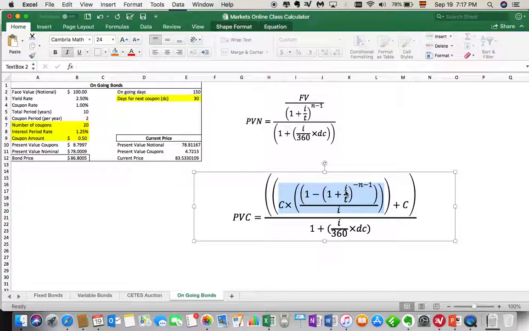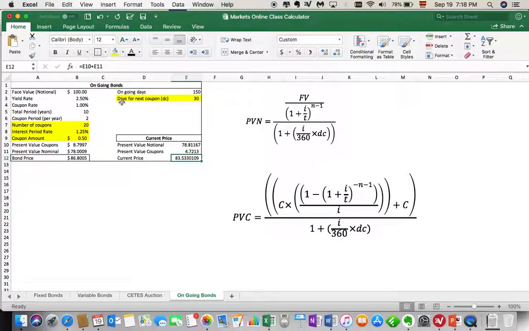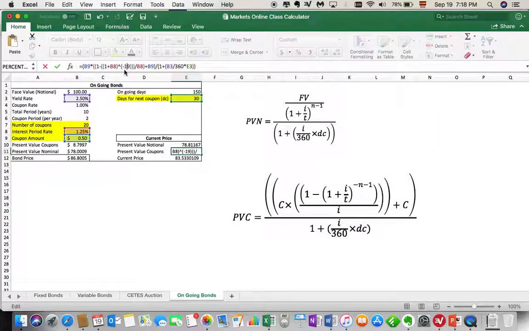I use yield rate here. Remember, I don't use coupon rate anymore. The only time I use coupon rate is to get the coupon amount. So I use yield rate over T, which is over 2, the same thing as interest period rate, to the power minus N minus 1. So this is 19, and if you go back here, you have that part here, minus 19, okay?